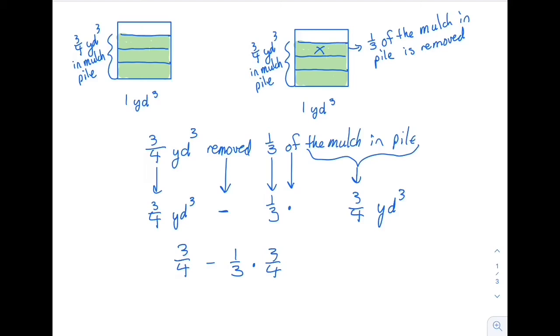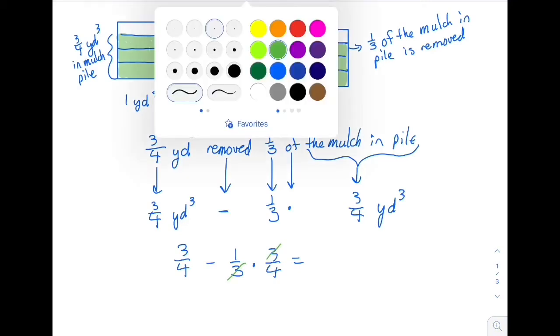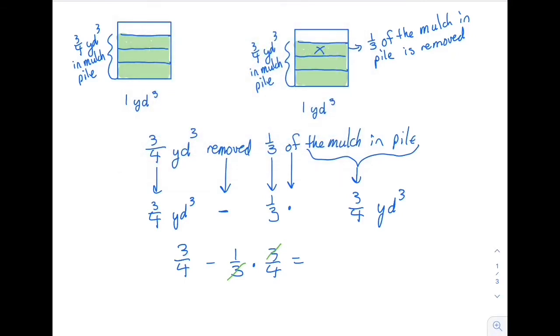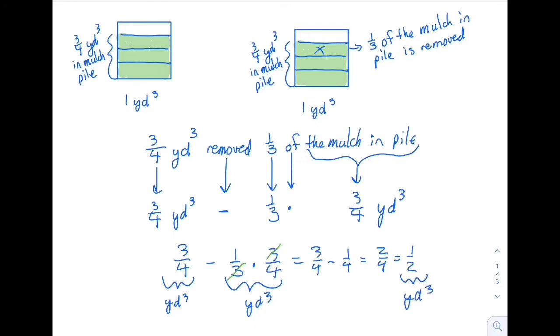Let's actually do this math so I can cancel out right here, and I end up with 3/4 minus 1/4 is 2/4, which is 1/2. And this was referring to a cubic yard, 1/3 of 3/4 of a cubic yard, and I'm left with half of a cubic yard right here.